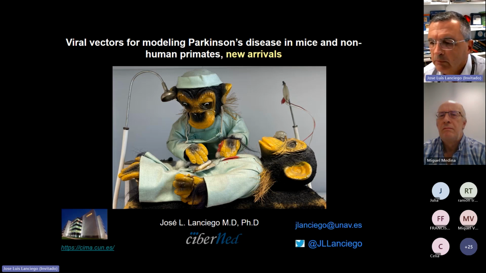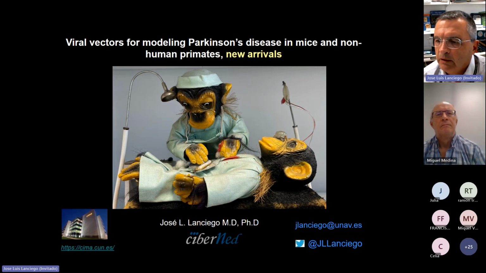I guess that Isabel was thinking about the non-human primates. So we can see TH cell death in animals with a follow-up of 4 months, as well as in animals with a follow-up of 8 months. I mean, in non-human primates. For some reason we don't know very well, this neuronal death is much more evident in females rather than in males.